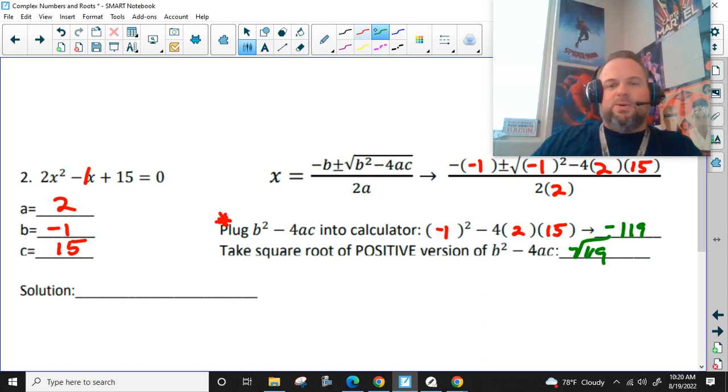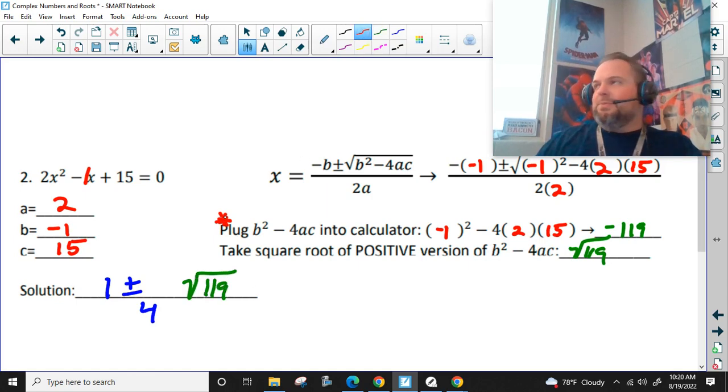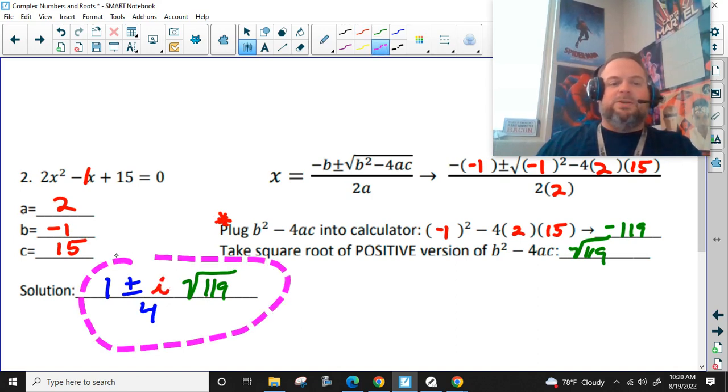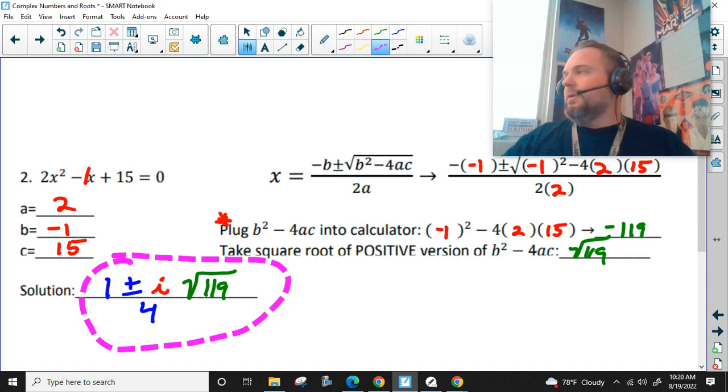All right. So if we're cleaning this up, negative times a negative, we get a positive 1. 2 times 2 is 4. We get our plus or minus. We're going to add this square root of 119. And then what do we need to make it complete? An i. Okay. That's it. And I'm using that line as my fraction bar.